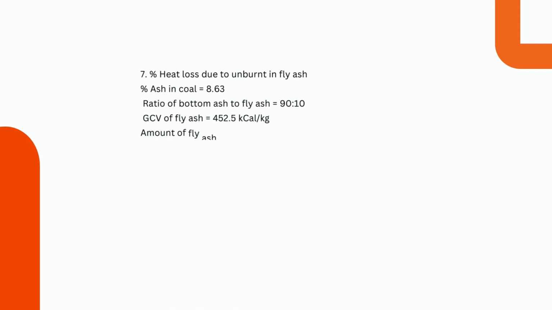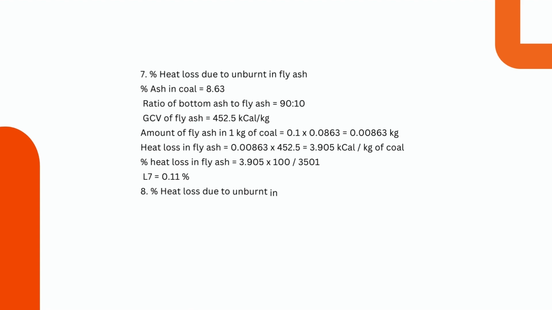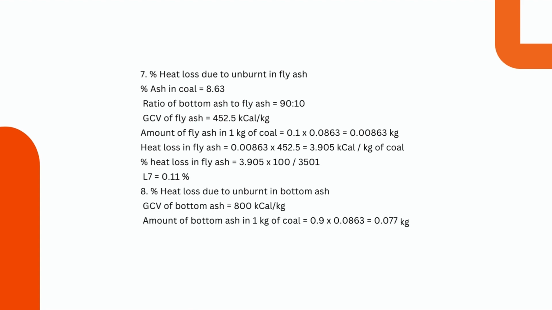Seventh one, percent heat loss due to unburnt in fly ash. Percent ash in coal is 8.63. Ratio of bottom ash to fly ash equals 90:10. GCV of fly ash is 452.5 kilocalorie per kg. Amount of fly ash in 1 kg of coal is 0.1 into 0.0863, which is 0.00863 kg.